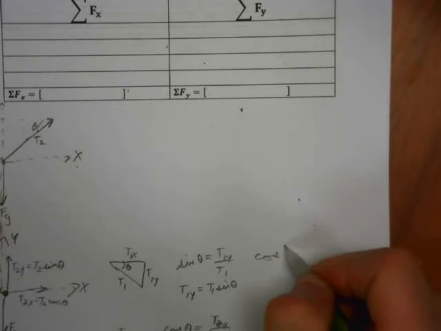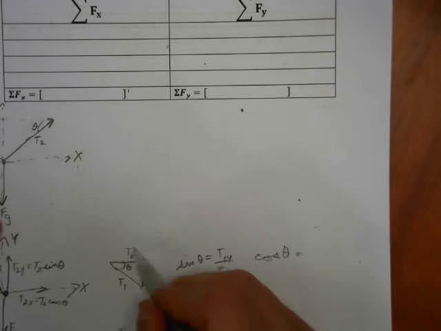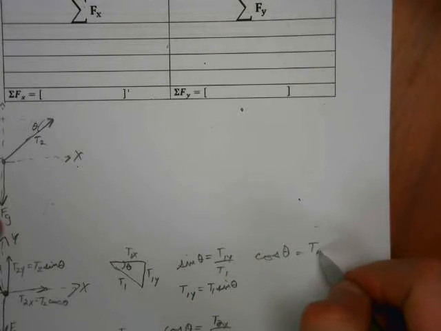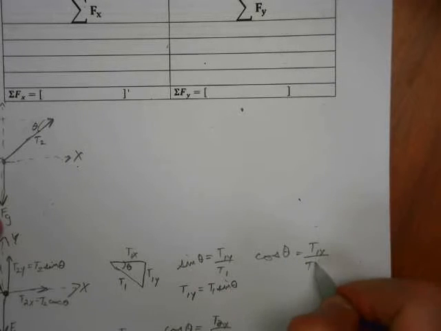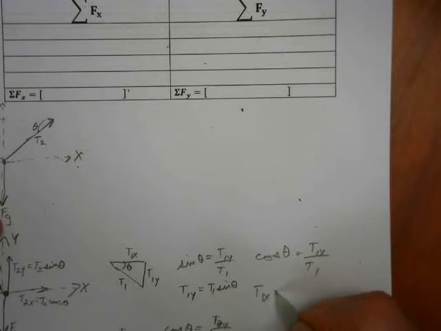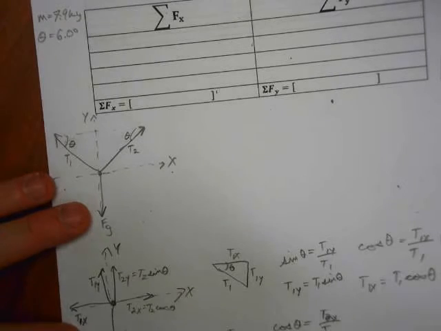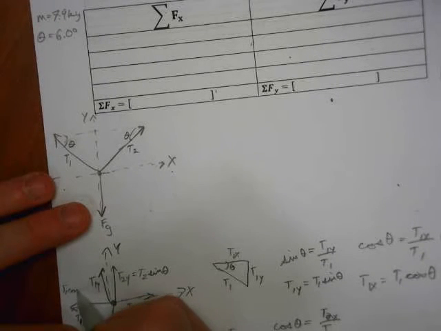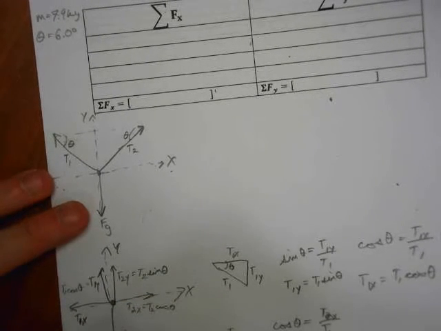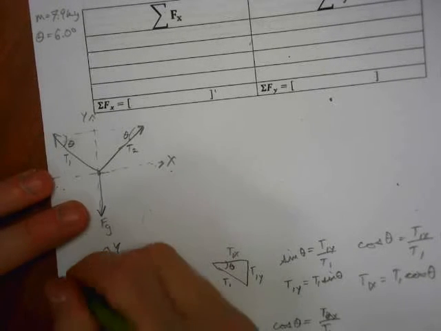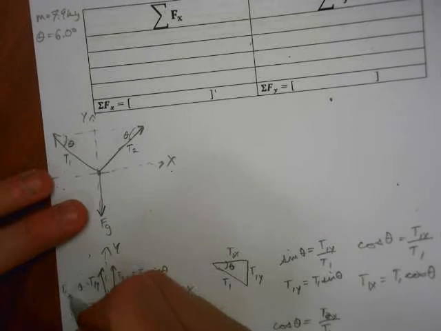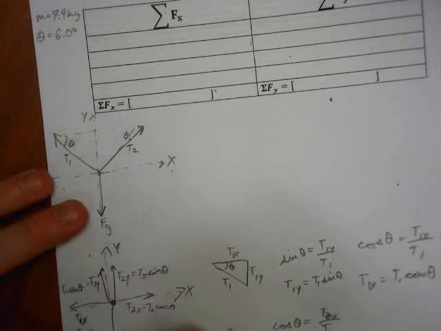Cosine theta equals the adjacent to the angle T1x over hypotenuse T1. T1x equals T1 cosine of theta. So I can put T1 cosine of theta here, and T1 sine of theta here.